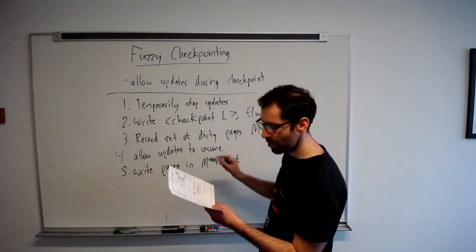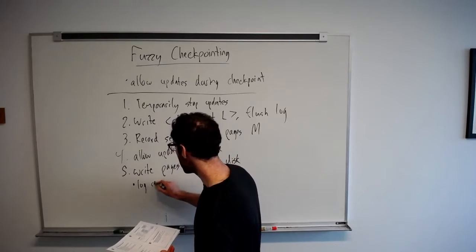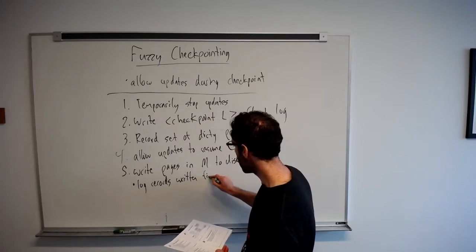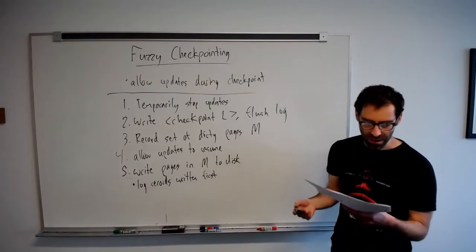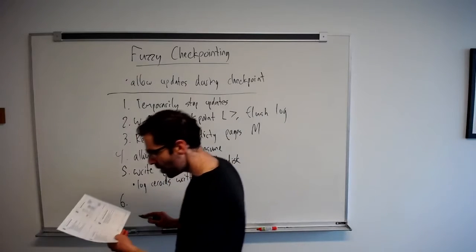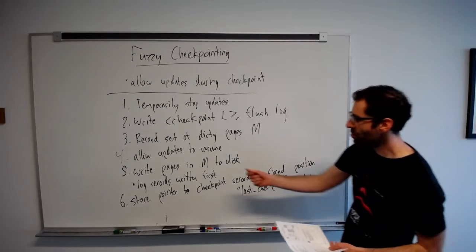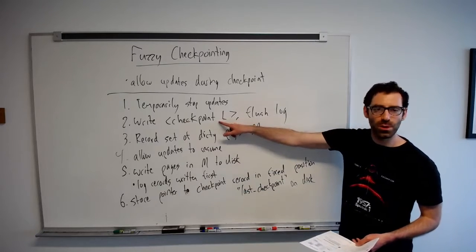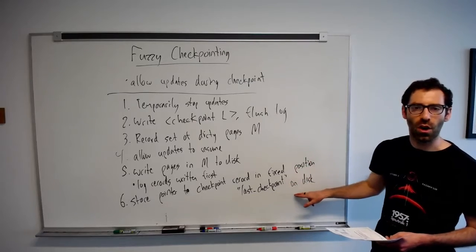And we're going to need to ensure that any log records pertaining to that page are written out to disk first. And then the last thing we'll do is store a pointer to the checkpoint record, the one that we wrote in step 2 here, in a fixed, known position that I'll call last checkpoint on disk.